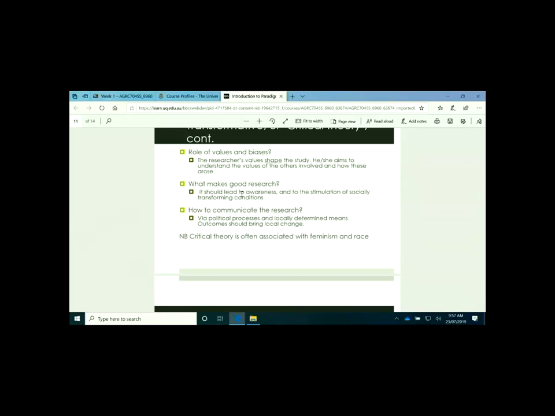All right? But that's not the primary objective of what we're doing research about. The research really sits more under the positivist framework and or the constructivist framework. So that's where most of the research is done. But having said that, often it does have a transformative aspect as well.